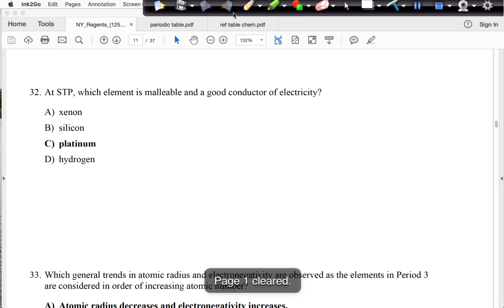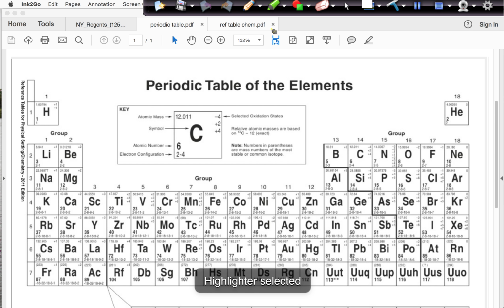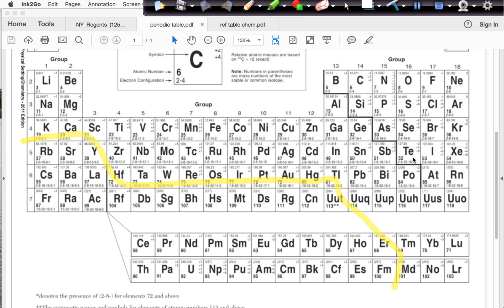When we look at the periodic table, our metals, remember, are the elements that are found over here, as well as down at the bottom. So remember that as we look at the periodic table, hydrogen is a nonmetal, but all of these elements, including the elements at the bottom, are metals.